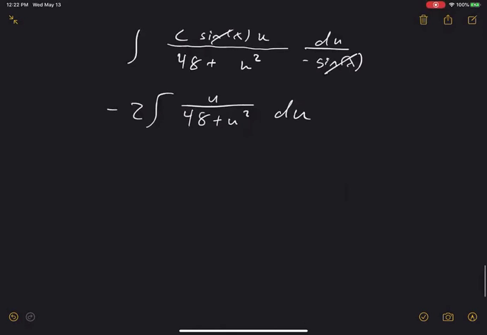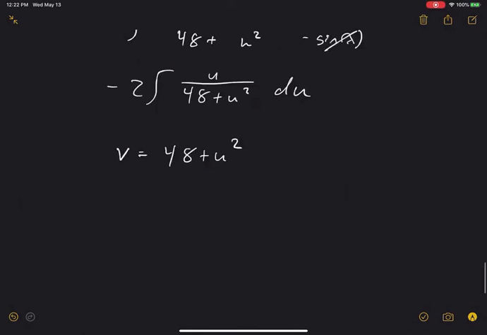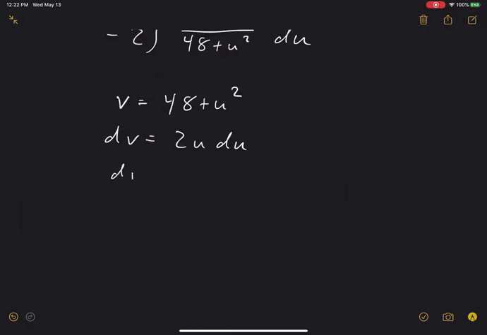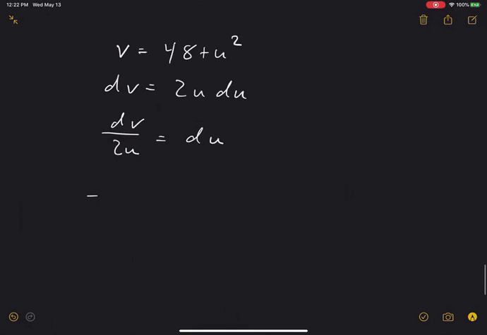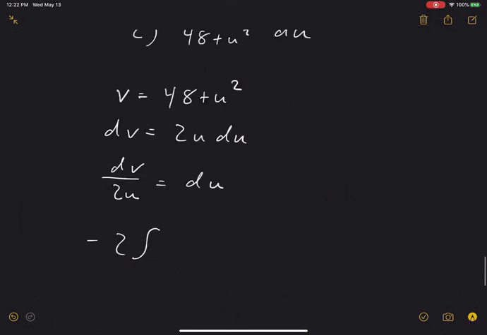So, multiple substitutions. Now instead of u, let's use v. Let's say v equals 48 plus u squared, so dv equals 2u du, and dv over 2u equals du.